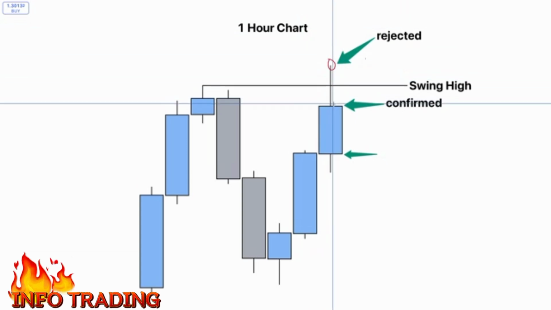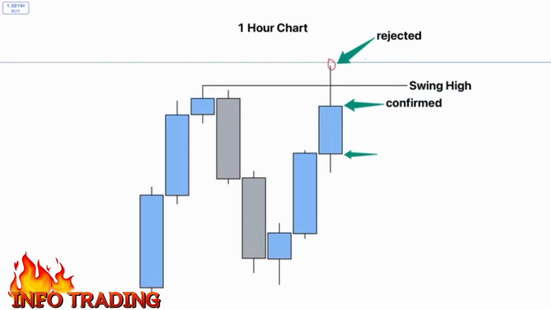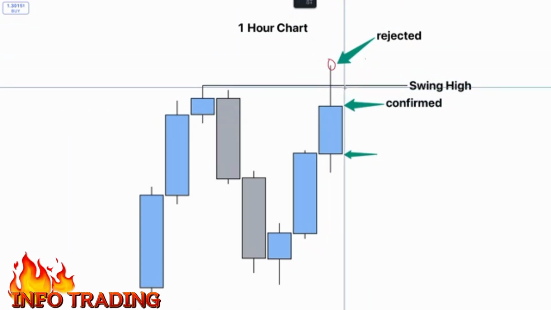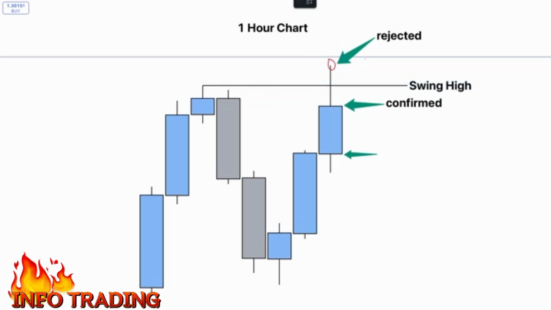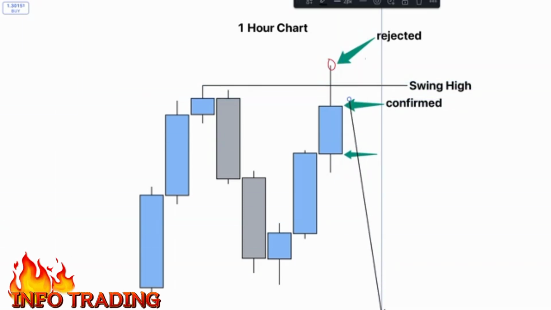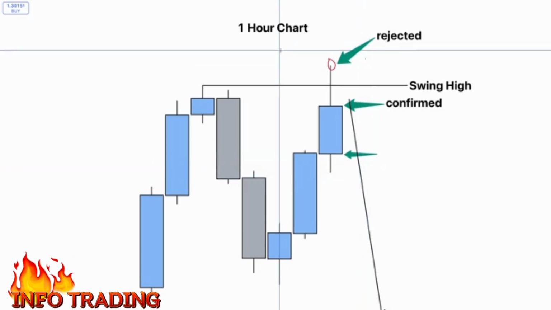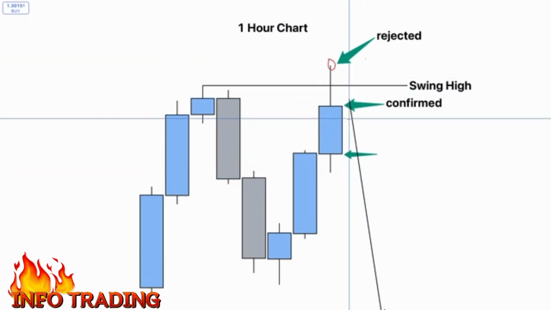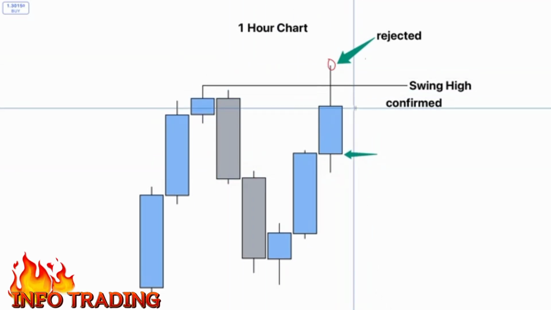So this market attempted to push higher but failed to close above, which actually rejects entirely the concept of seeing closures and continuations above this level, and instead suggests that maybe we could move even lower, because we haven't closed above the high, so we've rejected a new high, maybe indicating that we could be ready to turn into a downtrend.